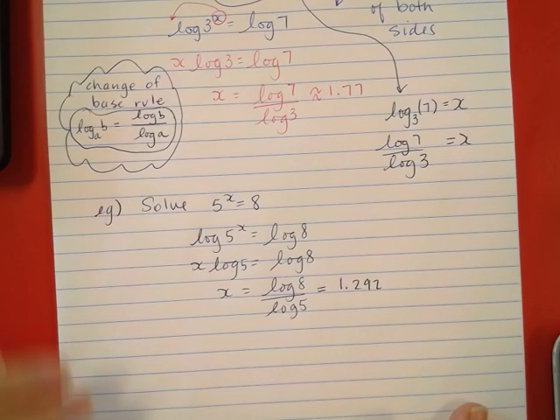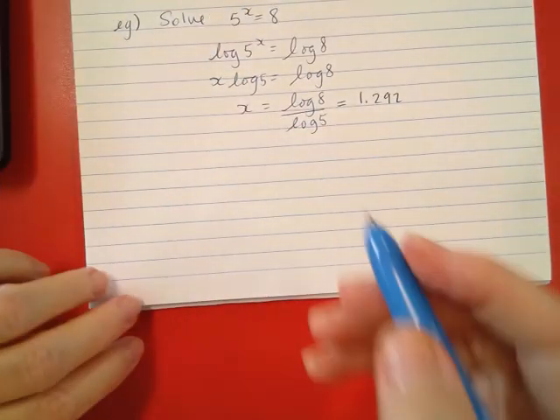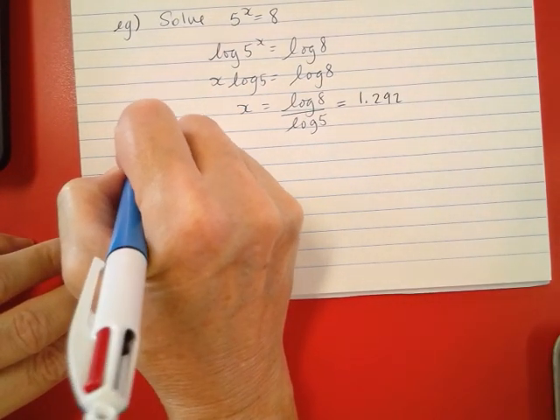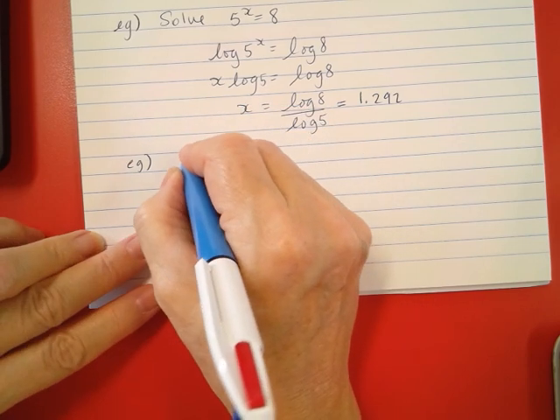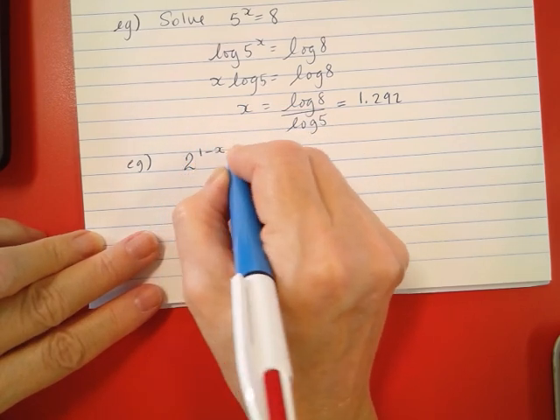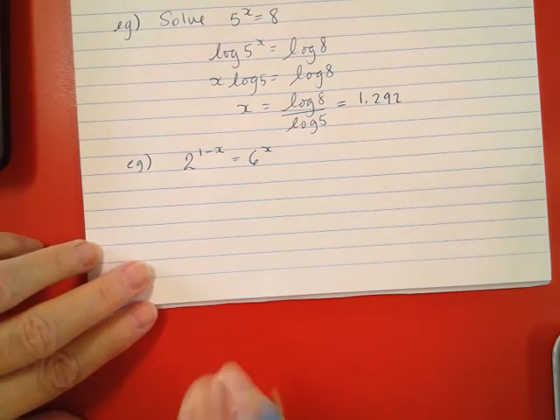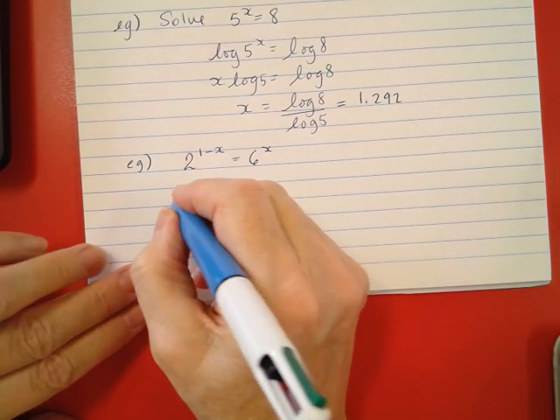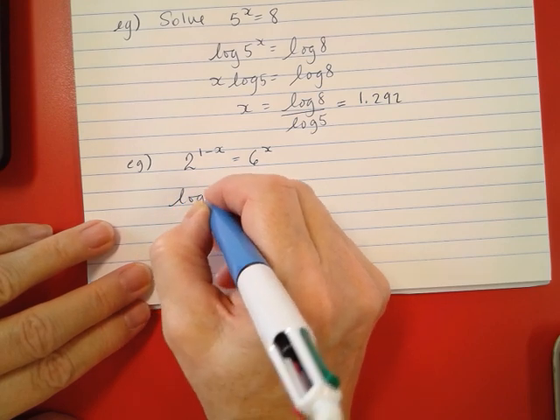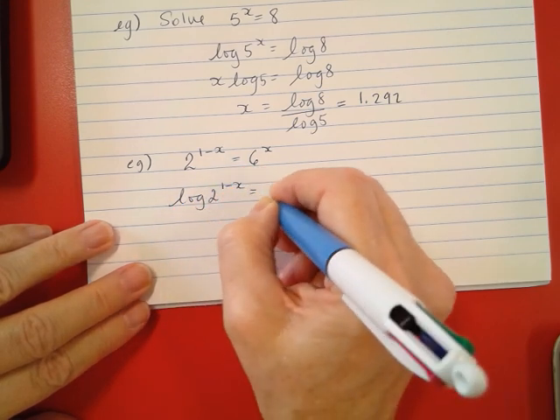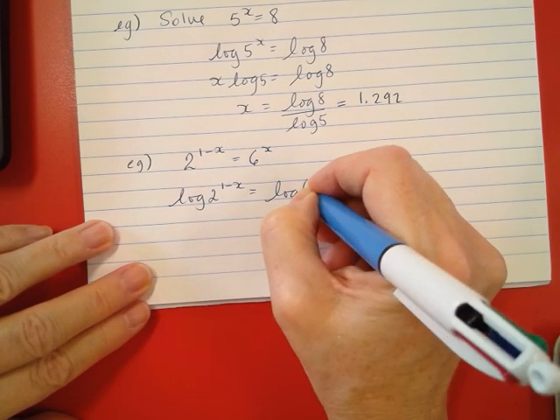Okay. The next example I want to do is a little bit different. It's 2 to the 1 minus x equals 6 to the x. That's kind of funky, isn't it? So let me just log both sides. Log 2 to the 1 minus x equals log 6 to the x.